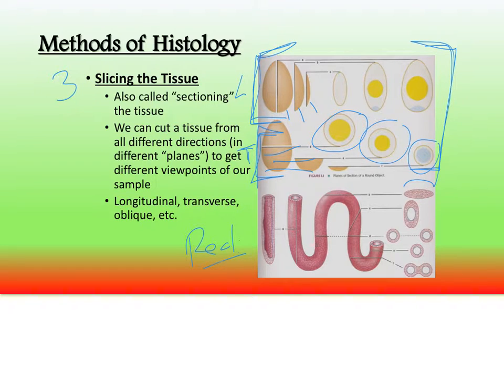So let's say we have a blood vessel like this here. A longitudinal cut, like here at A, might give us something like this. A transverse cut might give us something like this. But then you can get all kinds of other things too, right? This would also be an example of transverse, and it looks very different if you look at those two together.